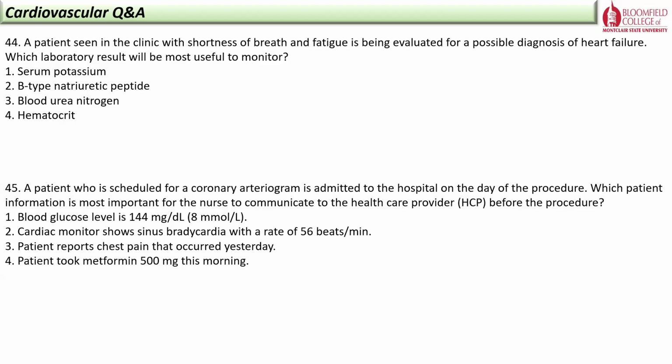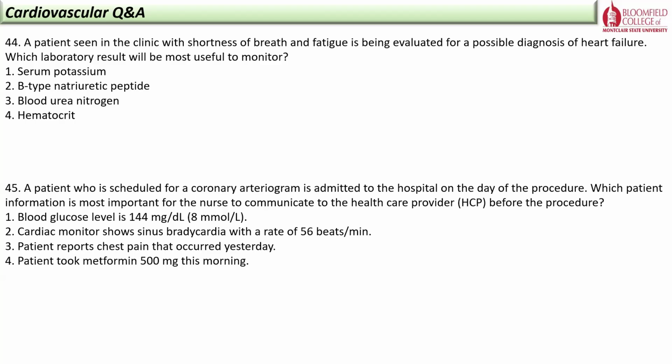We can differentiate between these two conditions, pneumonia versus heart failure, by BNP. BNP is always elevated in patients with heart failure. We said that BNP is supposed to be less than 100, and in patients with acute or decompensated heart failure, it's always over 100.